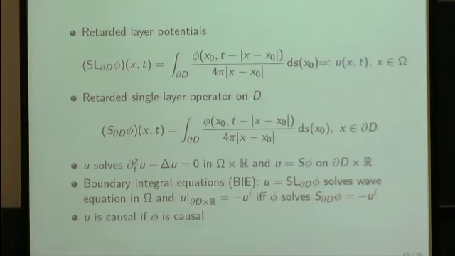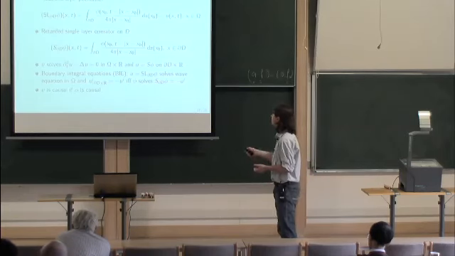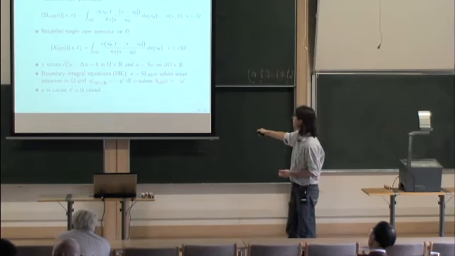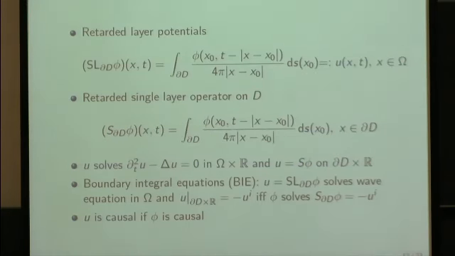If you know how things work in the frequency domain, it's precisely the same. The importance of this function U is that it solves the wave equation in the exterior of the scatterer, in the exterior of D, and it takes boundary values that equal S phi, the single layer operator applied to phi.